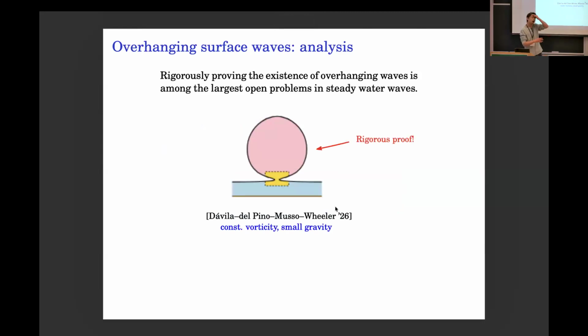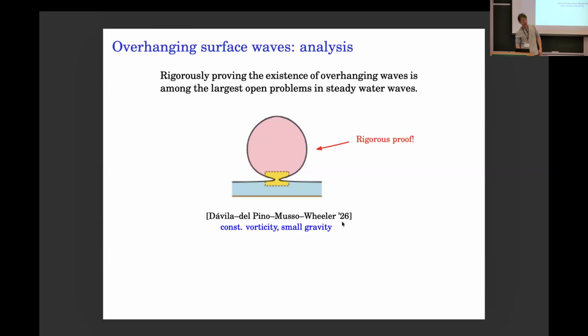So I mentioned those analytical results which potentially allow the overhanging waves. So far, there's only one rigorous proof that I can find, which actually proves that these crazy looking waves exist, and that just occurred early this year.